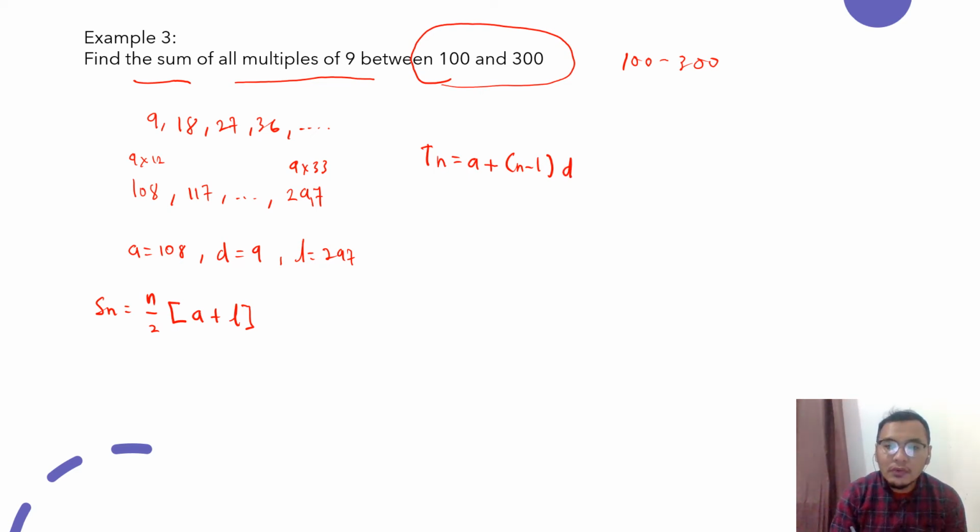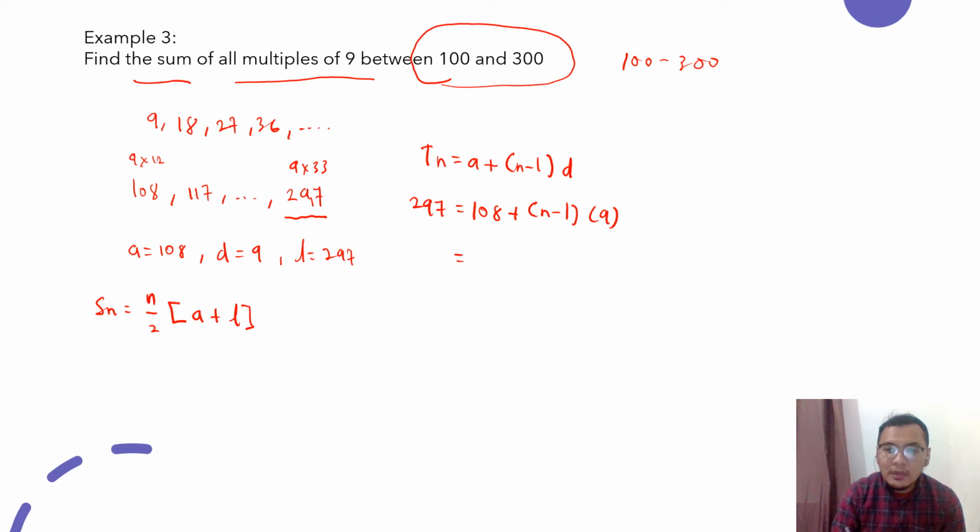So we want to find the number of terms for the last term, which is 297. So Tn, which is the last term, 297, equal to a. What is a? a is 108 plus n, n we don't know, okay? So just put it as n minus 1, and d is 9.